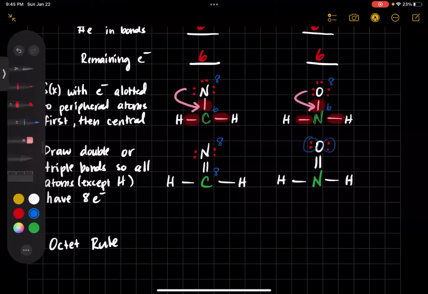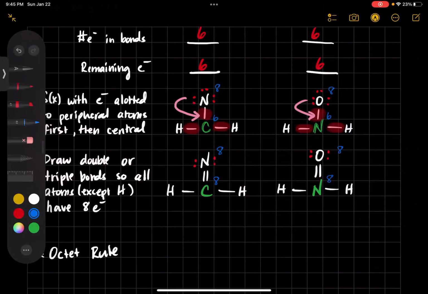So 2, 4 non-bonding electrons on oxygen, then 4 bonding electrons. And so that's a total of 8. And then here for nitrogen, I have 4 in the double bond and then 6, 8 total. For nitrogen, all bonding electrons. And these are the most stable Lewis structures for these 2 compounds. Notice that they're very similar.